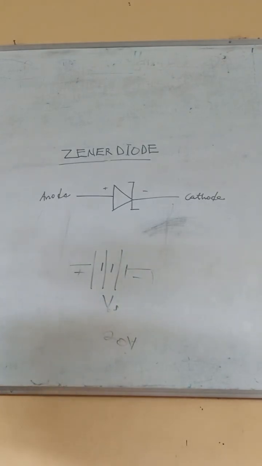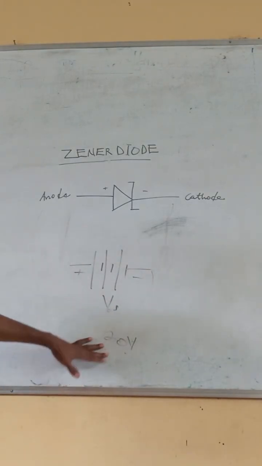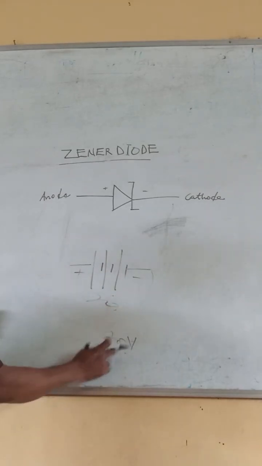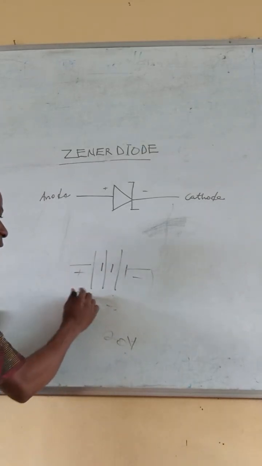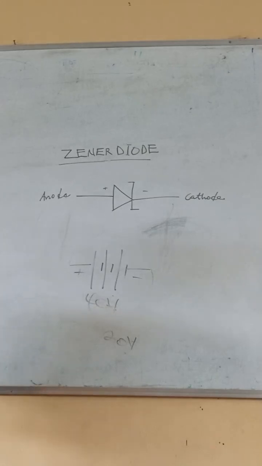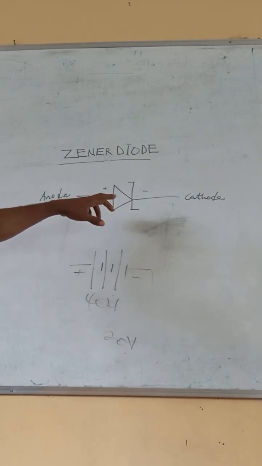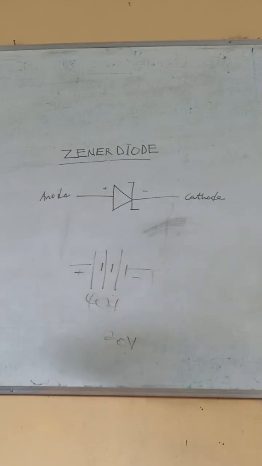Once that 20 volts is reached, even if you increase the source voltage to 40 volts, it will not affect the output voltage of the Zener diode. It will still maintain that voltage. It will not allow the higher voltage to get to the output.